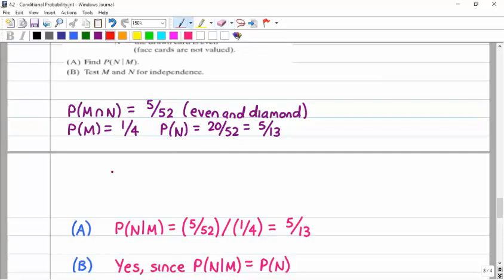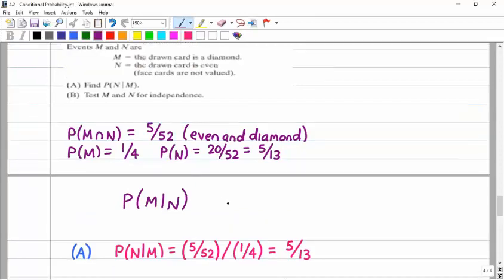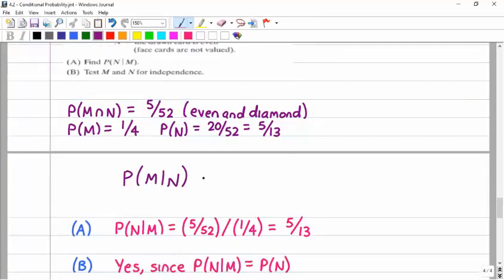We got one more page and we'll be done. Well, I'll go to the homework, obviously, but let's say it had asked, in other words, what's the probability that it's a diamond given that it's even? Same numerator, 5 out of 52, divided by the probability of n right here, 5 over 13.